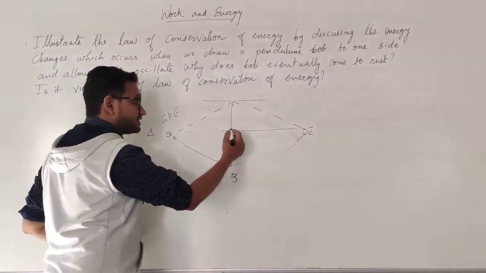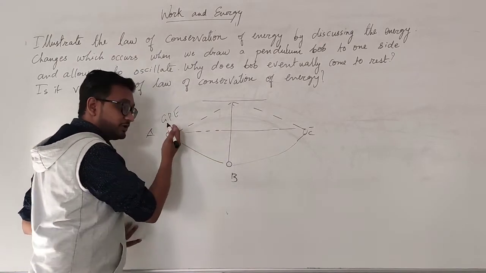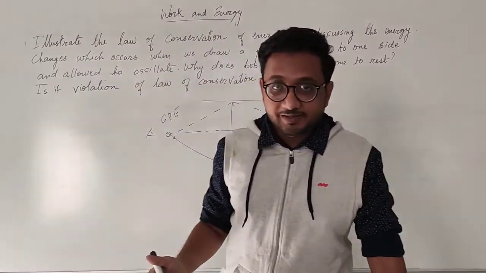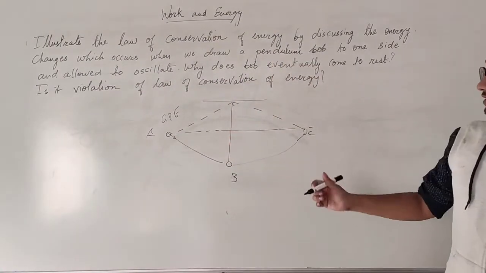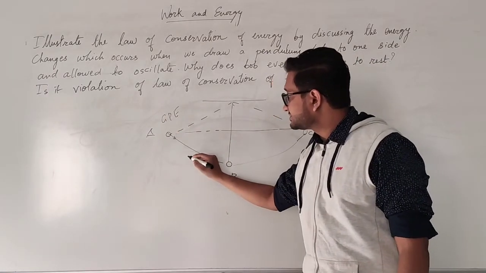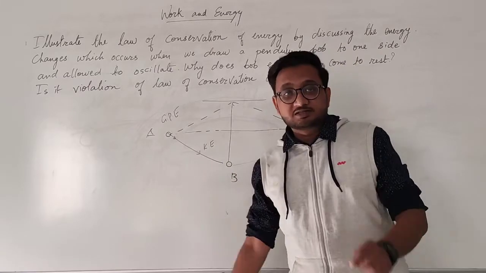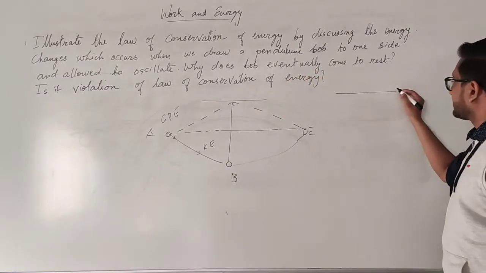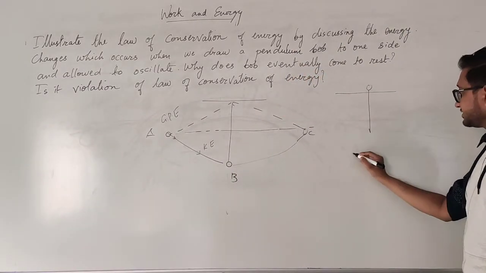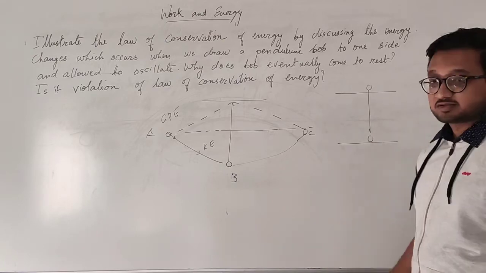Okay? So because of this potential energy, it is going to move towards point B. It is going to come down, and all of its gravitational potential energy is slowly getting converted into kinetic energy, just like the example of the ball or the stone that is being dropped to the surface.